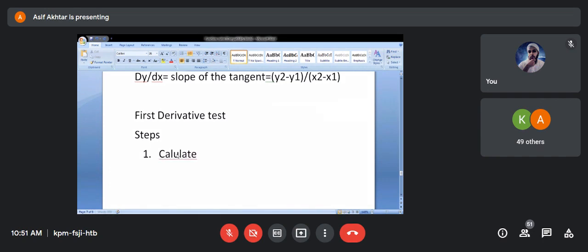Calculate the derivative of the function. So you have f(x). आप derivative निकालो.